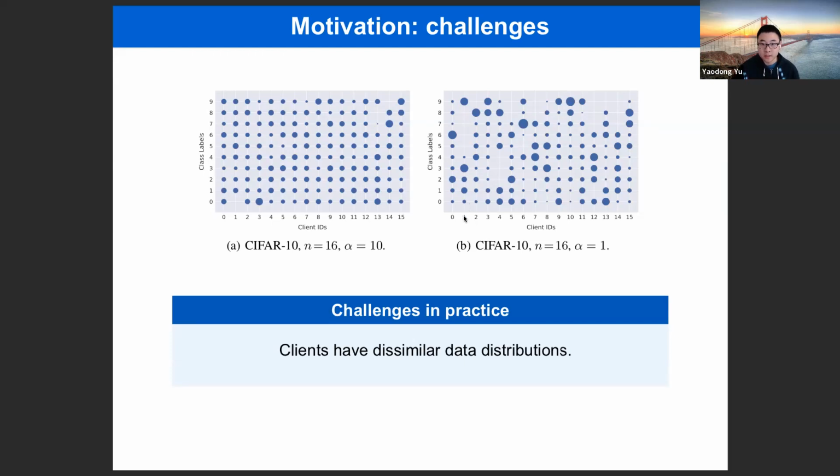For example, client one does not have the labels from class 5 to 8. So basically, there's some label shift across the clients. This is only one kind of data distribution shift or data heterogeneity in federated optimization.